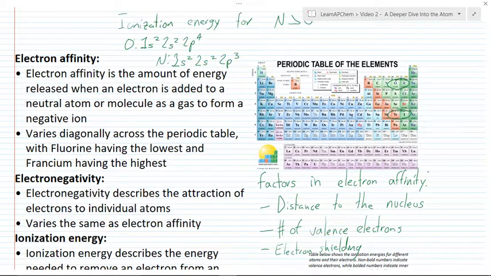Yes, that is why. As you go down, we have more shielding, and our electrons are farther from the nucleus. So that offsets it. Now these outer electrons are not being held as firmly by the atom.